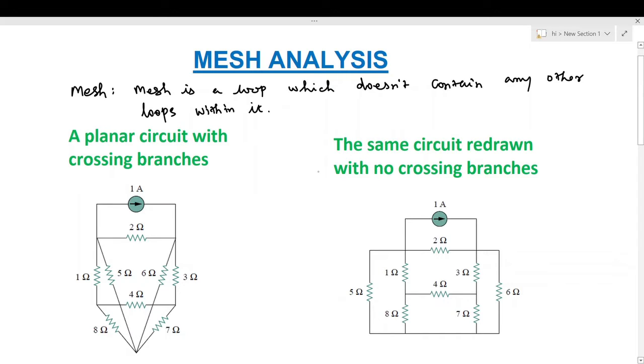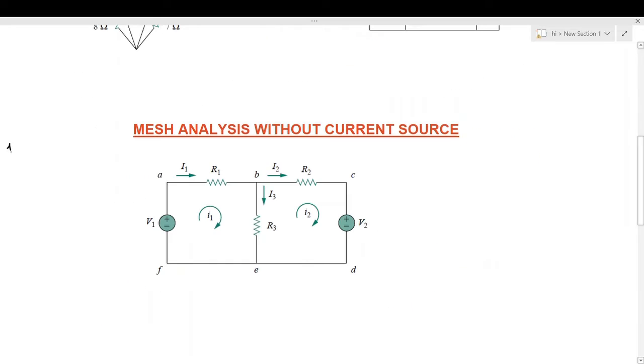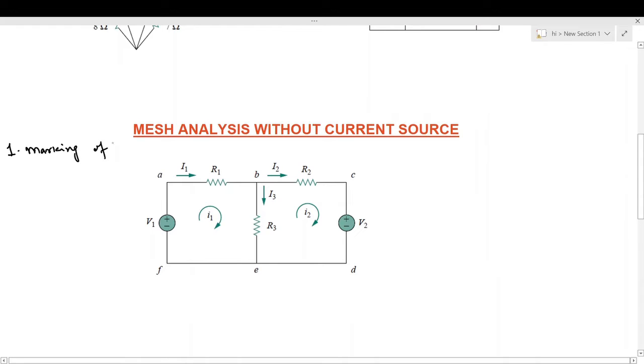In this video, we will see mesh analysis in two parts: mesh analysis without current source and mesh analysis with current source. For solving a circuit, we need to follow certain steps in mesh analysis. Step 1 will be marking of loops and loop currents, or we can say the mesh currents.